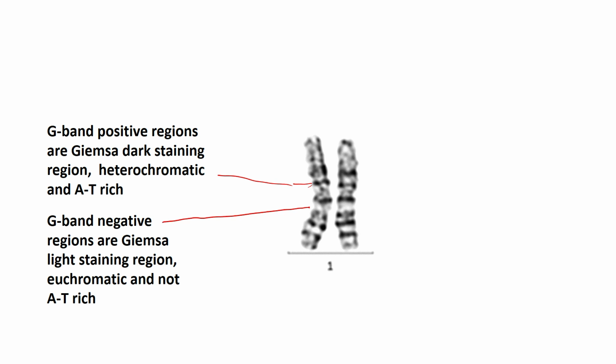Euchromatin has most of the functional genes, heterochromatin has few or no functional genes. So the G band negative regions are light stained, euchromatic and non-AT rich. Do not call it GC rich, because non-AT rich only means A and T are not in excess. It may have a distribution of AT and GC.